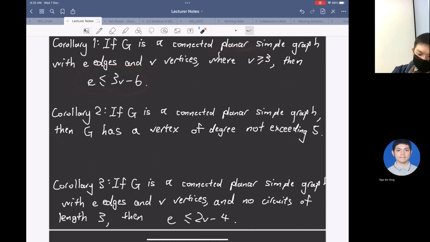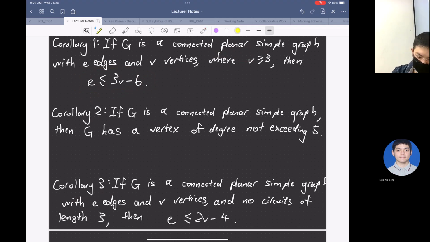This is how we're going to use these corollaries, because what we are interested in is whether the graph is planar or not. If this condition is not satisfied, then it is not planar.